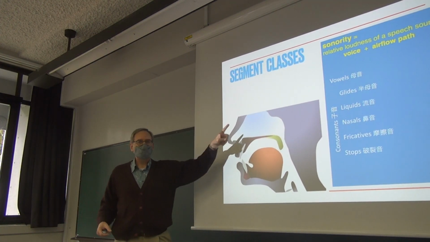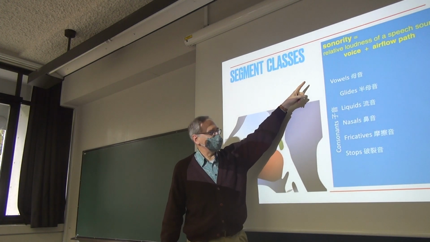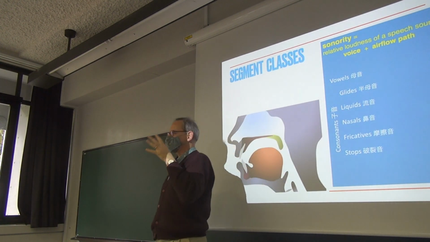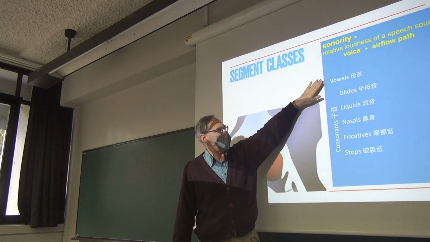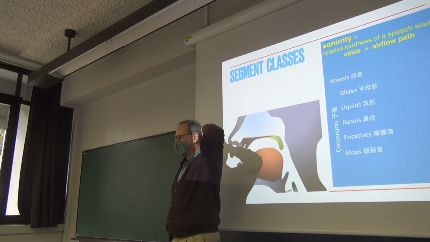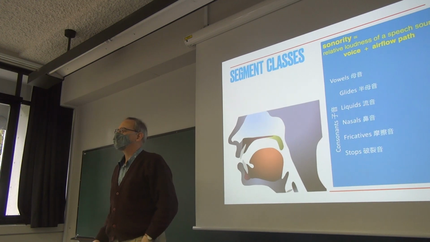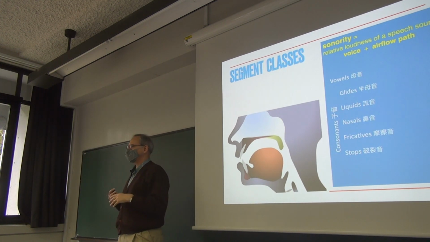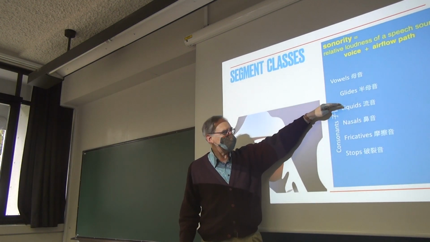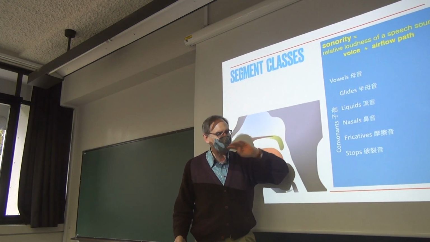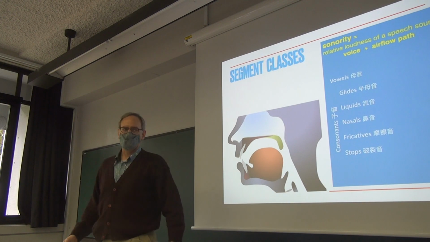And so last week I identified these 5 classes. There are actually 6 types here. So vowels, which we'll start today, is the first segment class. They are produced with the greatest amount of sonority. And then glides, liquids, nasals, fricatives, and stops we'll come to one by one.